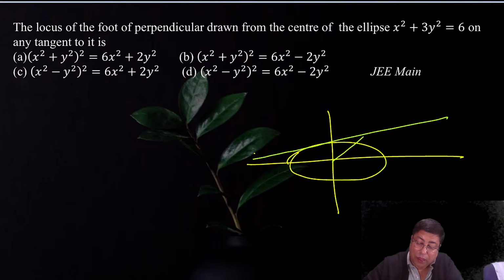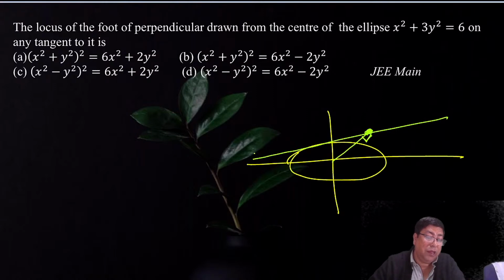We need the locus of the foot of this, suppose this is the perpendicular. Although it does not look perpendicular, think that it is a perpendicular. So the locus of this point is very important. What is to be done here?